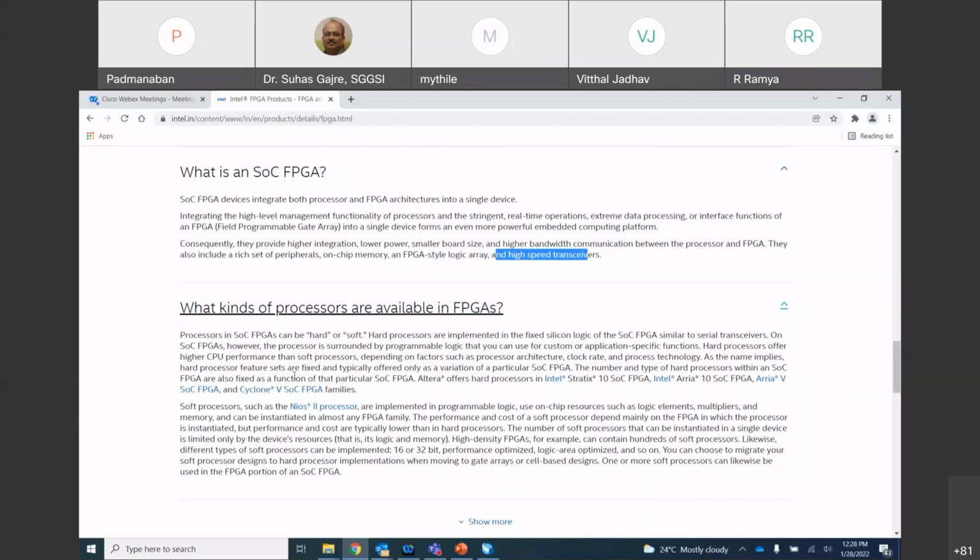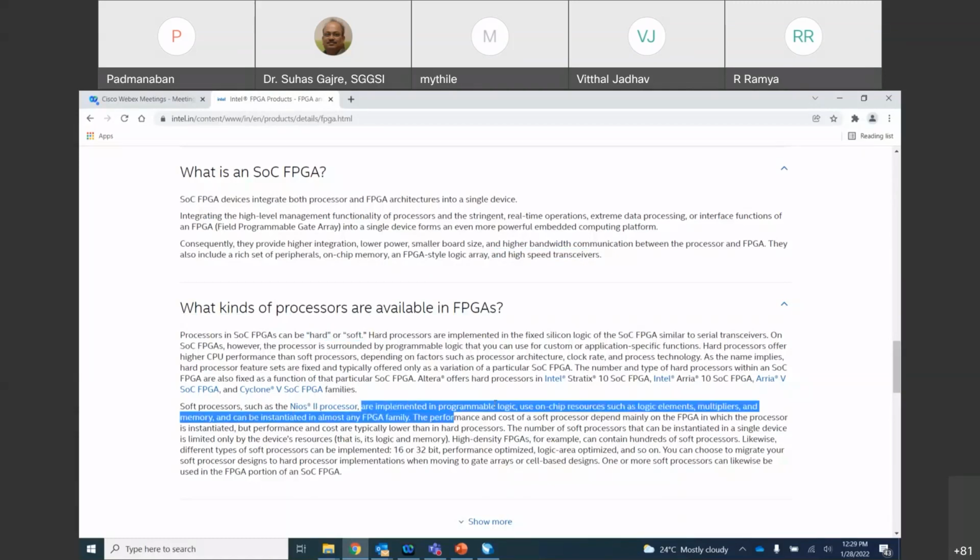Processors in SoC FPGAs can be hard or soft. So when I say SoC FPGA, the processor inside can be a soft processor or a hard processor. What is a soft core? The soft core is the Nios II, which is available in the FPGA. They are implemented in the programmable logic.